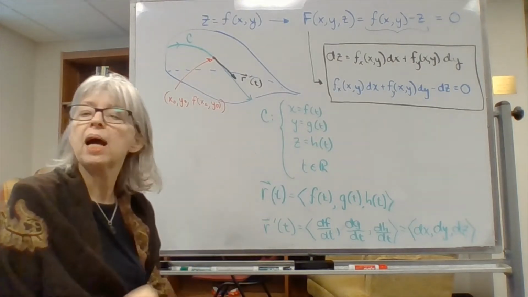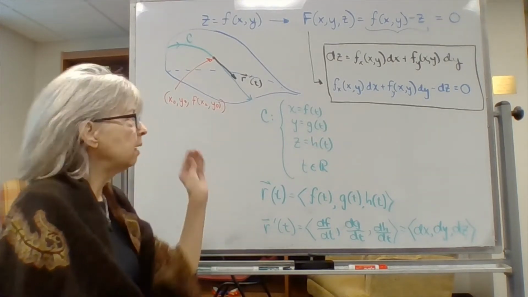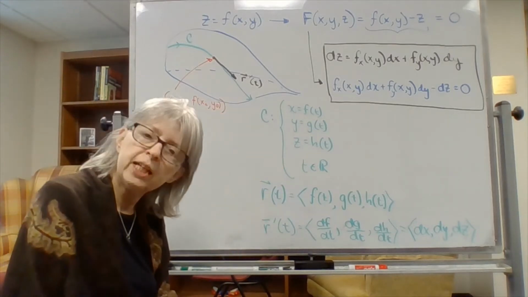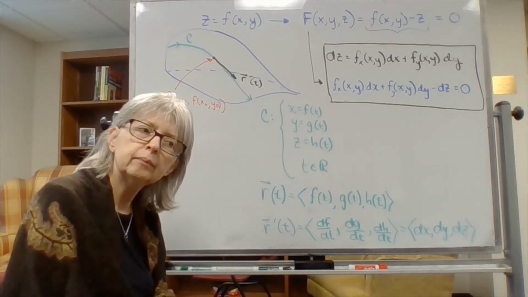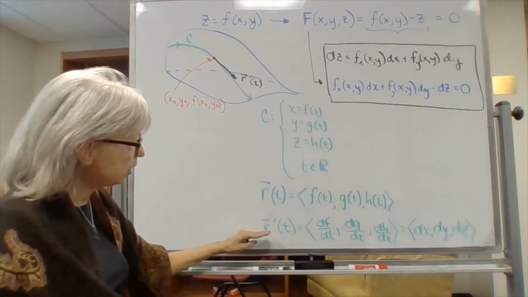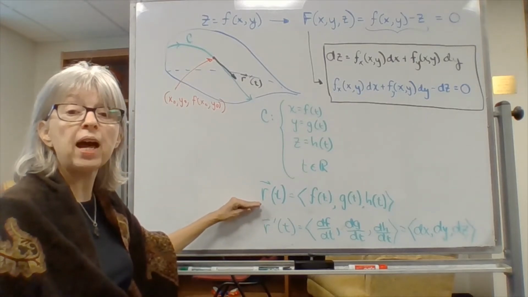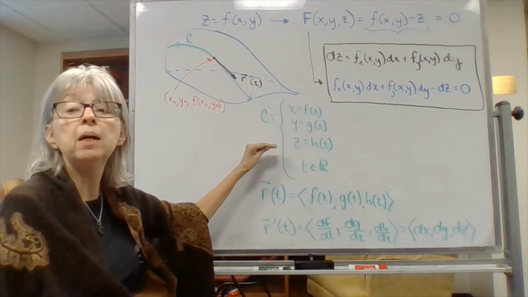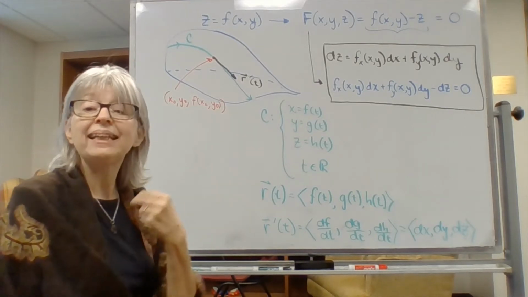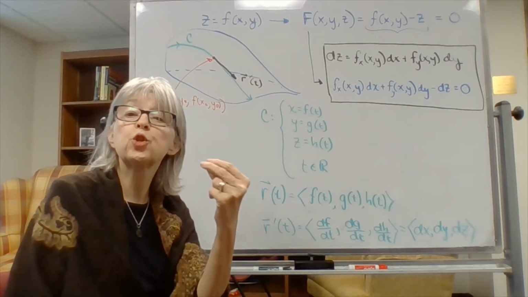I parameterized that curve. That curve has a direction of increasing t. And when I take the derivative of the vector valued function I get from that parameterization, I get a tangent vector to the curve.